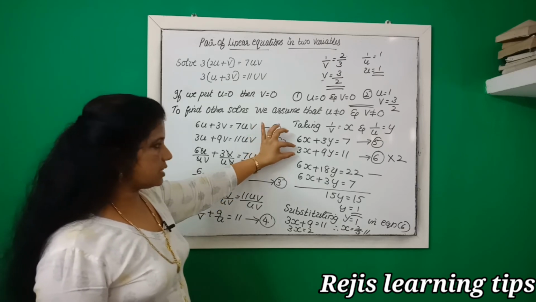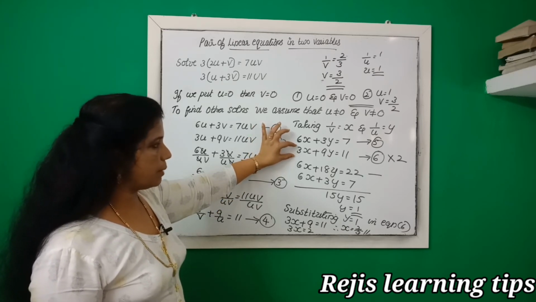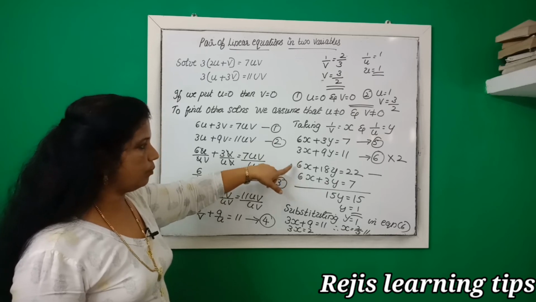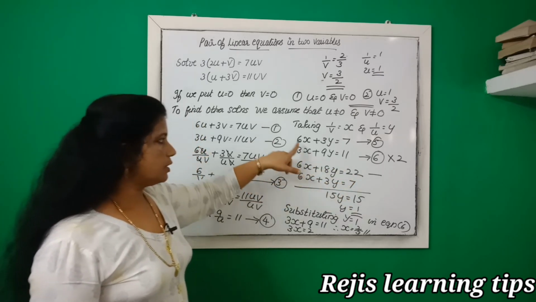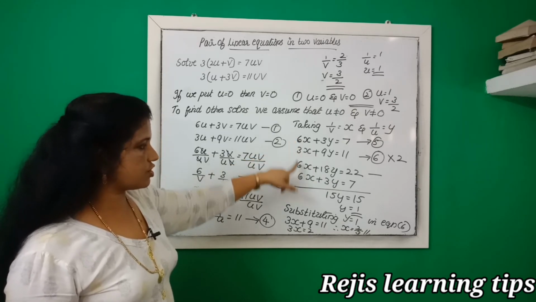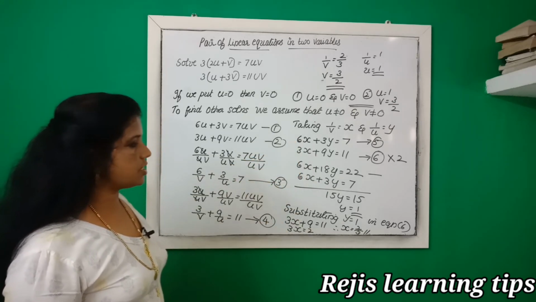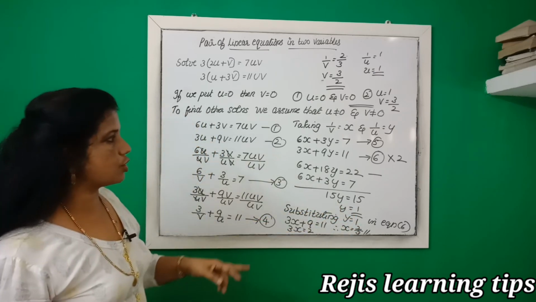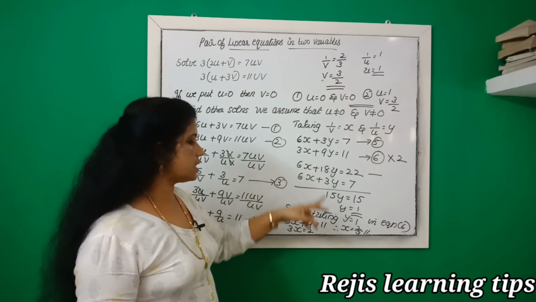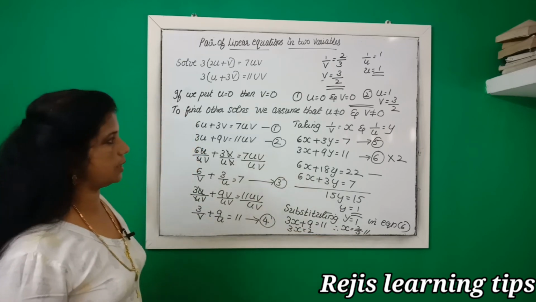Then we make the coefficient of x equal by multiplying equation 6 by 2. Then we will get 6x plus 18y is equal to 22. Write the fifth equation here and subtract it, then we will get y is equal to 1. Substituting y equal to 1 in equation number 6, we get x is equal to 2 by 3.